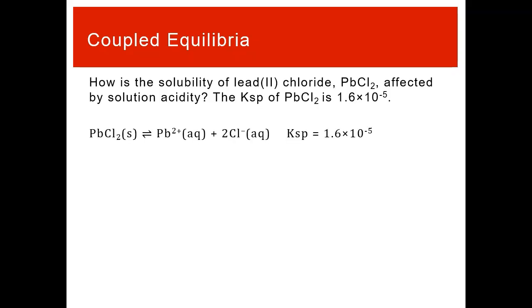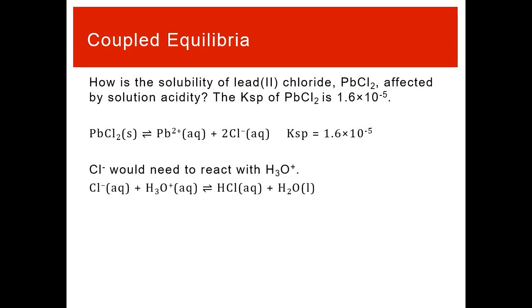We can write out our description for actual dissolving of the salt, right? Getting it to break apart, low KSP. We could think, well, each chloride, that's my anion, could react with my hydroniums, right? A chloride with hydronium, we can make HCl and water, just an acid-base reaction. And this would need to happen twice, because I'm making 2 chlorides, which I can see is the same thing right here.